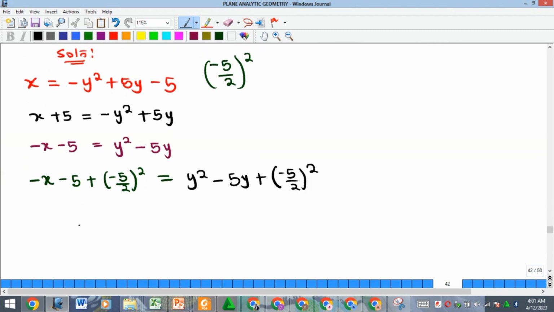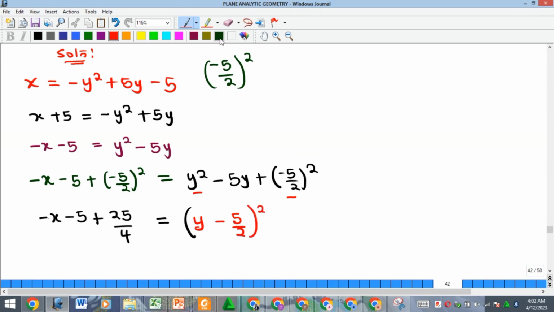Okay, so recall that we can then simplify the left hand side, and that's going to give us minus x minus 5 plus 25, that's the square of minus 5, all over 4, as being equal to, on the right hand side, we now complete the squares by gathering all the squares. So we have y squared and the square of this, which is going to give us y minus 5 all over 2, then all squared.